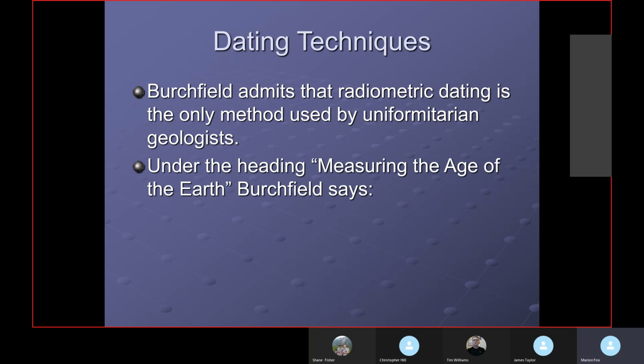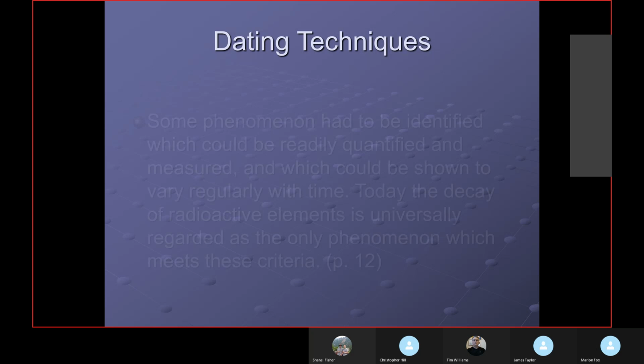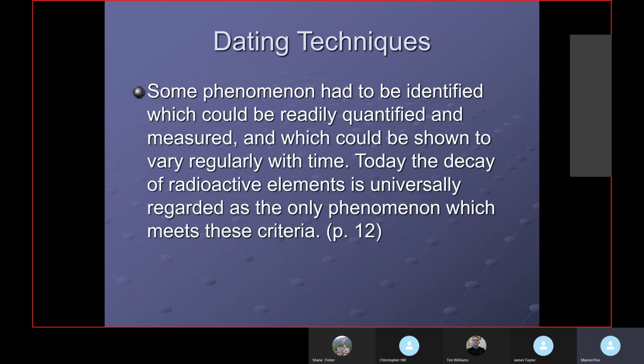Under the heading of measuring the age of the Earth, Birchfield states, "However, the problem always reduced to one of finding a reliable geologic or cosmic clock. Phenomena had to be identified that could be readily quantified and measured, which could be shown to vary regularly with time. Today, the decay of radioactive elements is universally regarded as the only phenomena which meets these criteria." But again, they've got a problem.